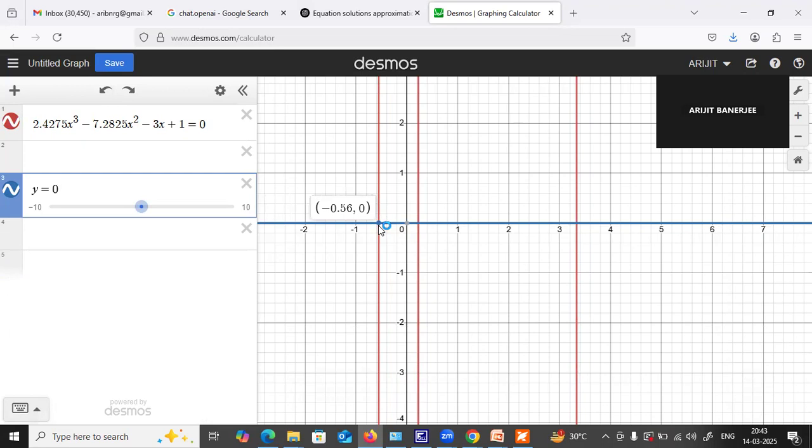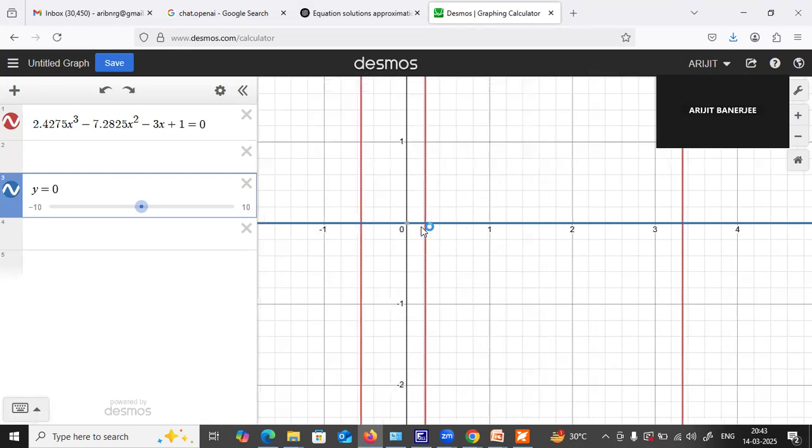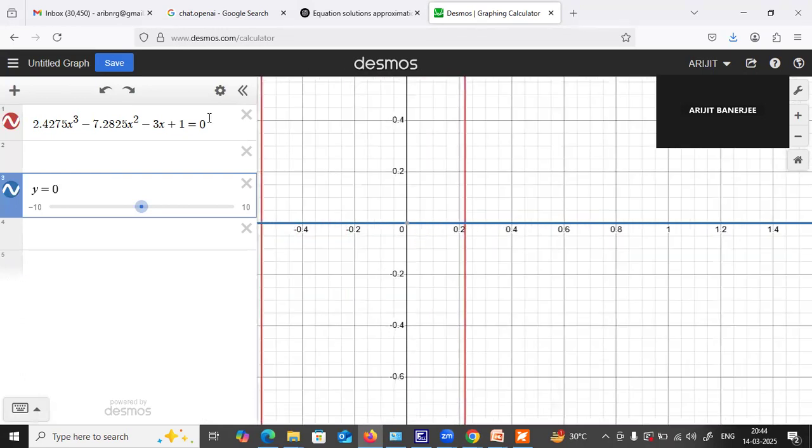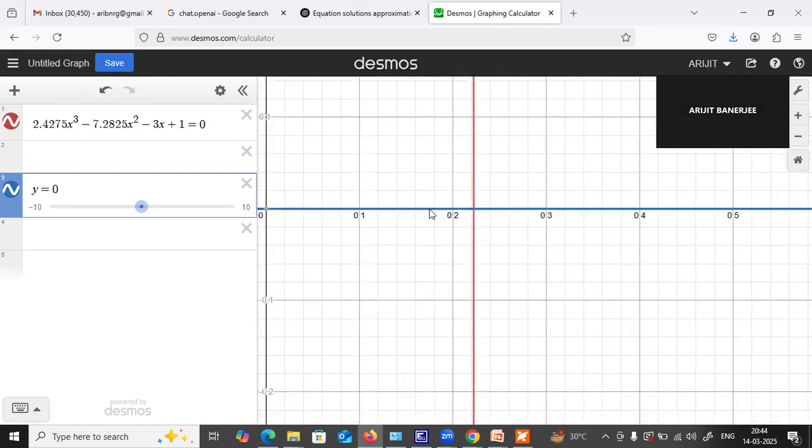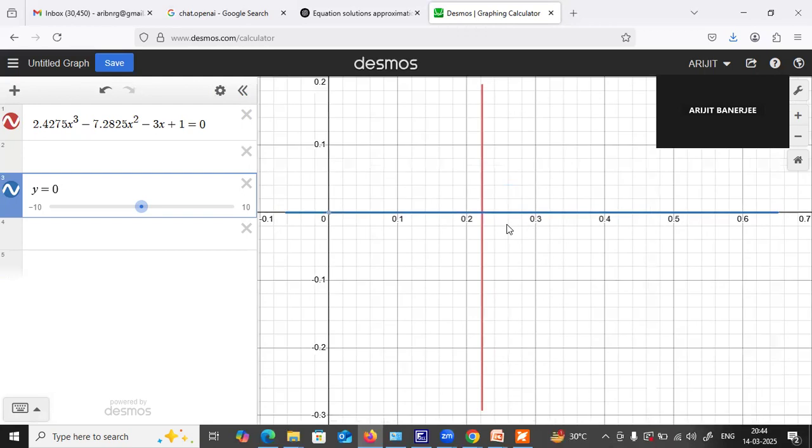X cannot be 0.56. Again, this is how much? Can you see? About 0.21. If I just zoom, then I will be able to show you. So it is 0.22. Can you see? 0.22, 0.222. Or if you further zoom it, then it will be much clear. So 0.2225, like, right? So this is this one.